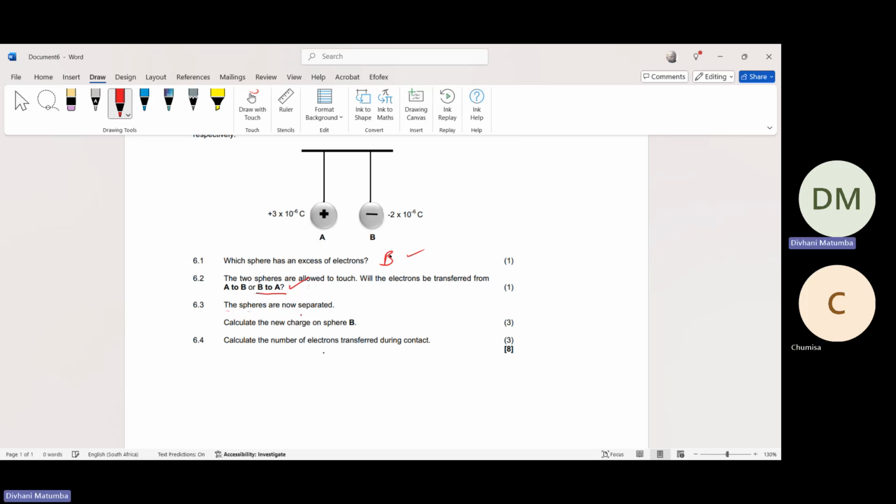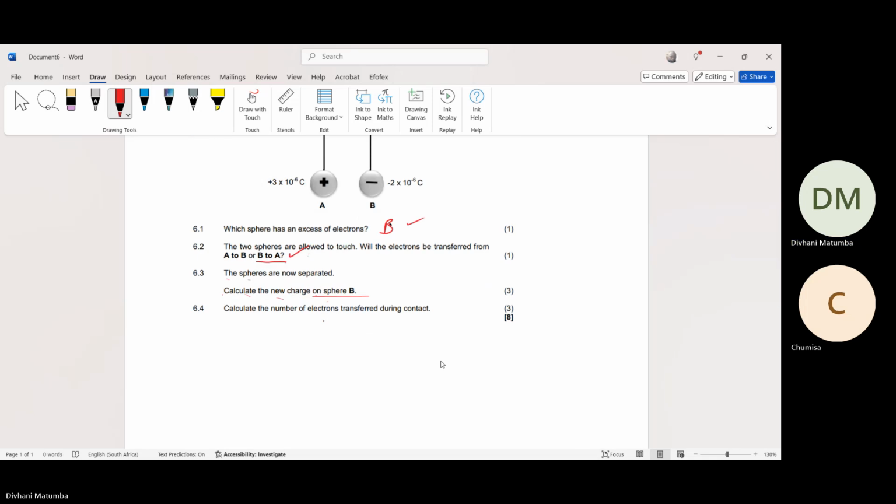Now, the spheres are separated. Calculate the new charge on sphere B. How do we calculate the new charge? Q new is equal to Q1 plus Q2 divided by 2.